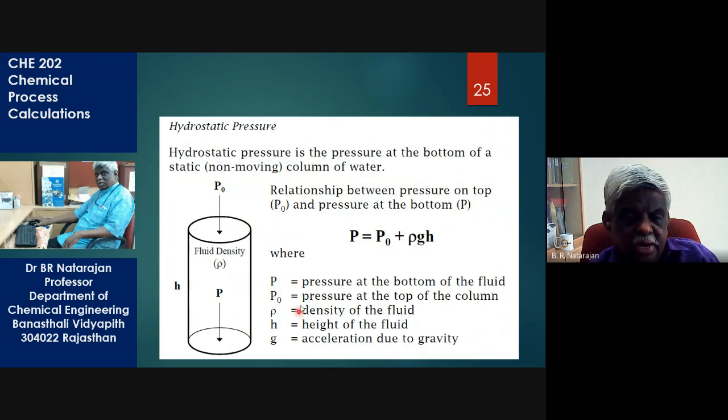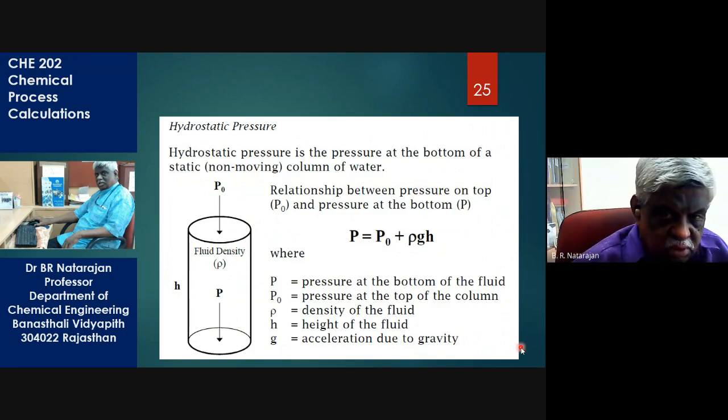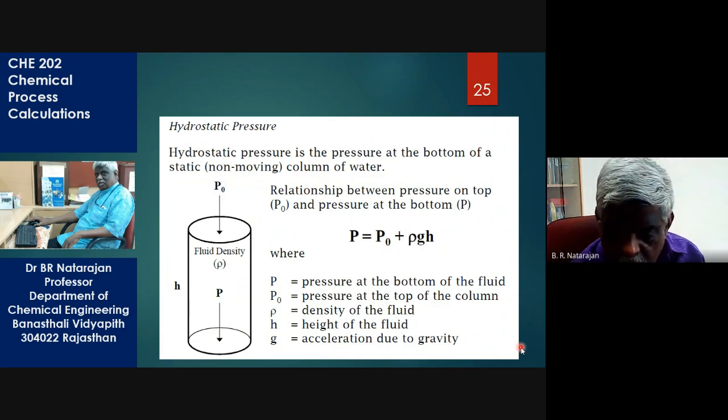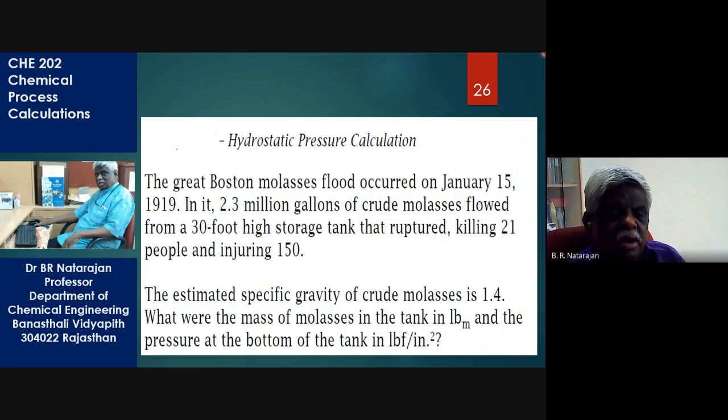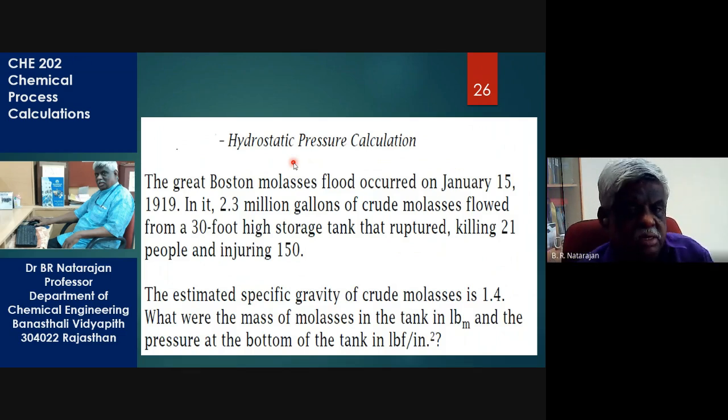P is the pressure at the bottom, P0 is the pressure at the top of the column, rho is the density, h is the height of the fluid, and g is the acceleration due to gravity. So P is P0 plus rho g h. Let's do a small problem on calculating the hydrostatic pressure.